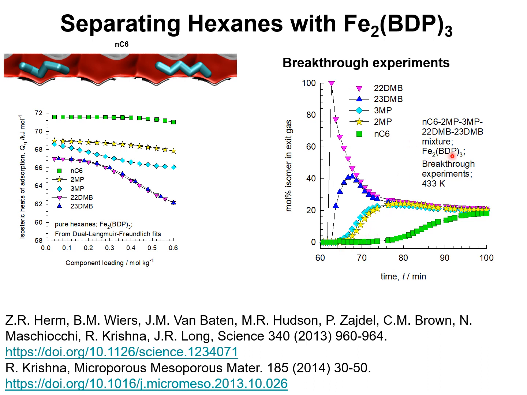Therefore, Fe2(BDP)3 can be used as adsorbent in a PSA scheme shown in the previous slide, wherein the first two components that are rejected into the gas phase can be removed and incorporated into the gasoline pool, and the adsorbed components can be desorbed and recycled back to the isomerization reactor.